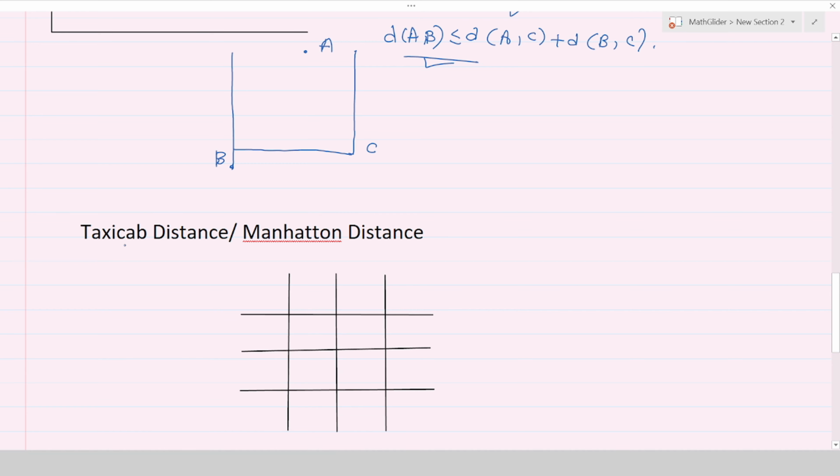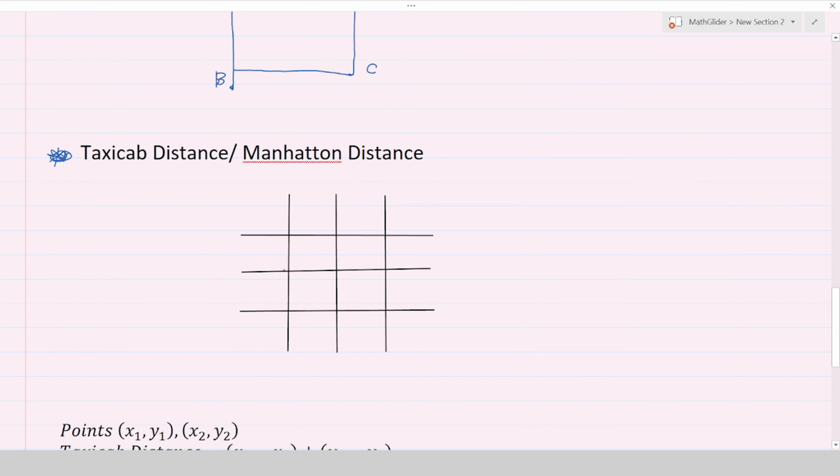Now let us see another weird kind of distance, which is called taxicab distance, or also called Manhattan distance. We saw Euclidean distance, which is like straight line distance, then we saw some maximum we took. Now let us understand why it is called taxicab distance, because we visualize some roads and we can only travel horizontally and vertically.